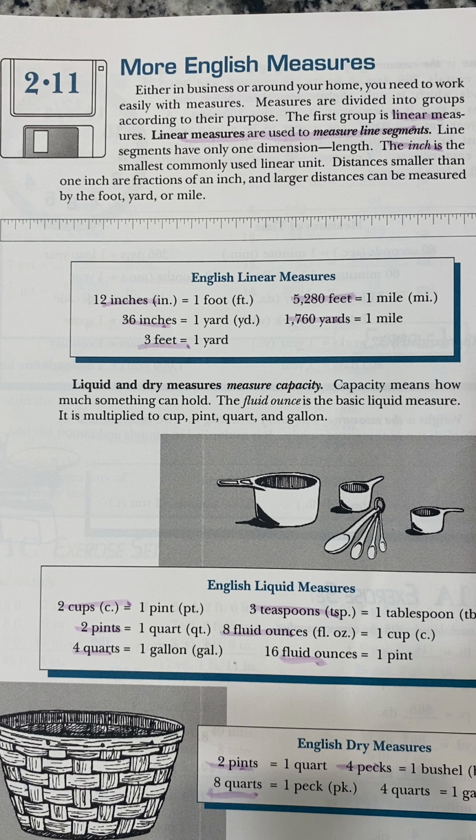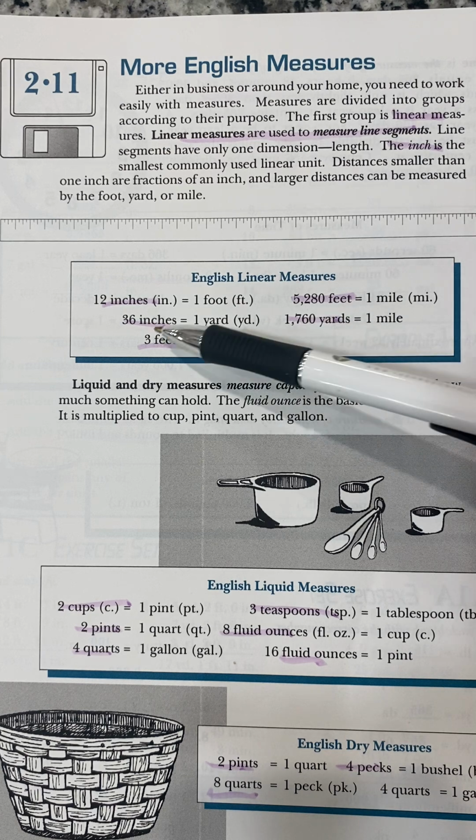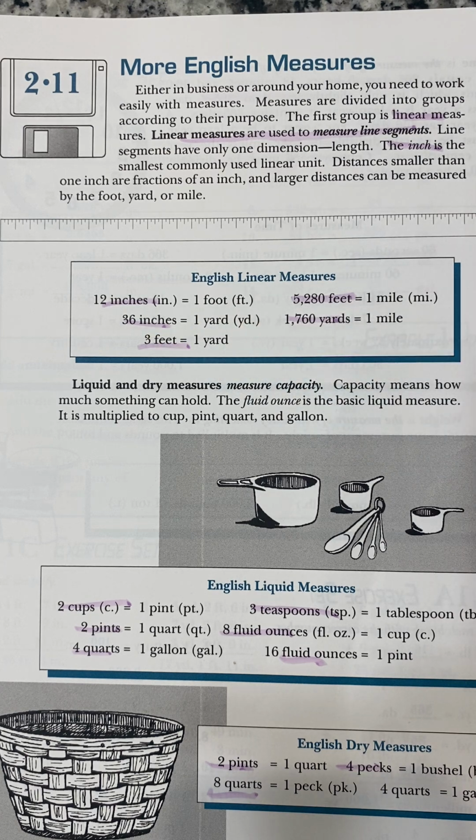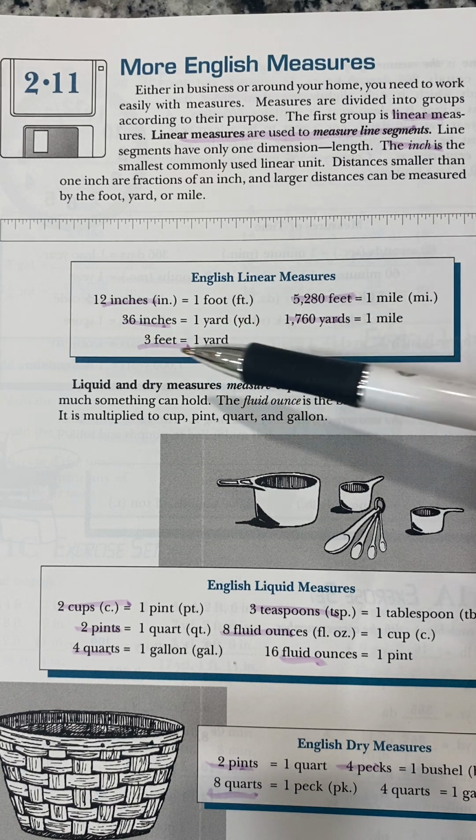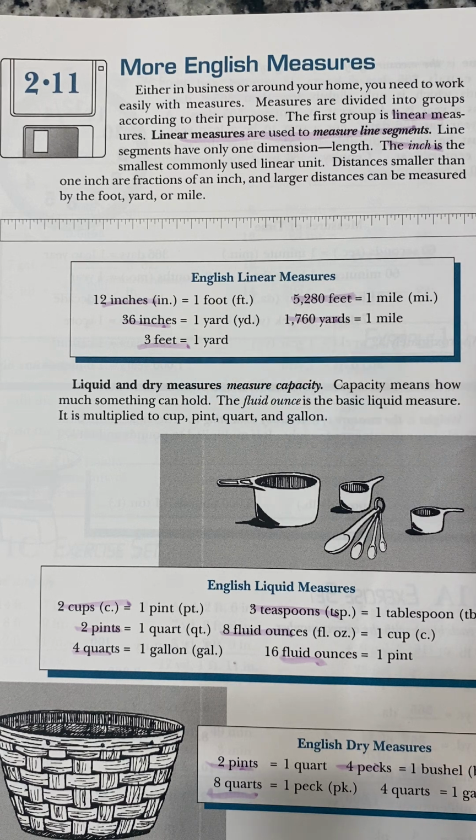So we have 12 inches equal 1 foot. You know that. 36 inches equal 1 yard. You should know that. 3 feet equal 1 yard. And this one is a good one to know, to memorize too. 5,280 feet are in a mile.